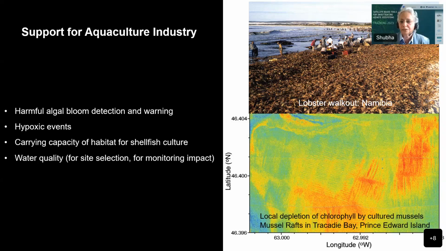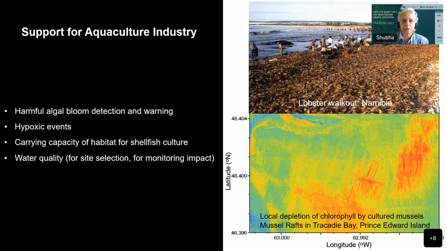In this example on the bottom right, you can see how an airborne remote sensing tool was used to look at the rafts of aquaculture cultured mussels and how you see the depletion of chlorophyll in the areas where the rafts are placed. And you can also use remote sensing, back to water quality, for site selection and for monitoring impact of aquaculture.